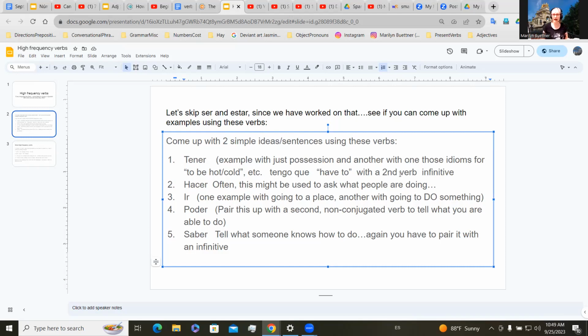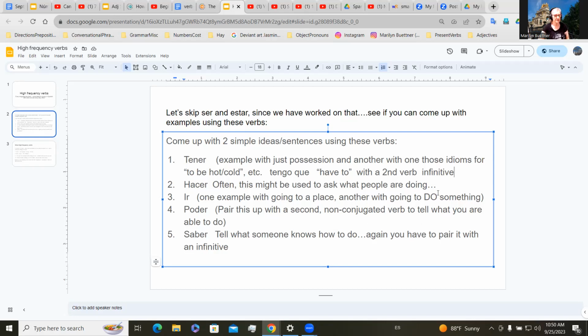Tengo que manejar a mi trabajo. I have to drive to my job. Tengo que manejar. Bien. So tener can be used in lots of these idiomatic phrases, and tener que for obligation is a really super important one of those idioms, those non-translatable expressions.